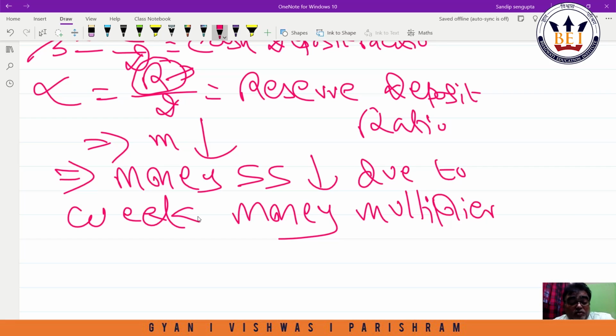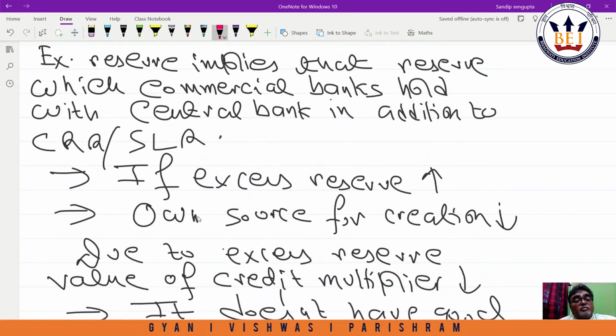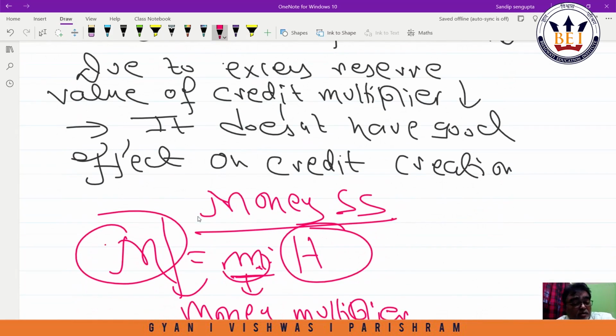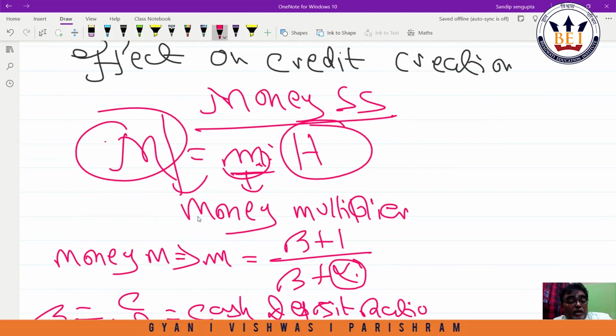So I repeat, excess reserve makes the credit multiplier weaken and lowers money supply. That is the basic concept. But for intermediate, a standardized answer must incorporate the concept of the money multiplier also.